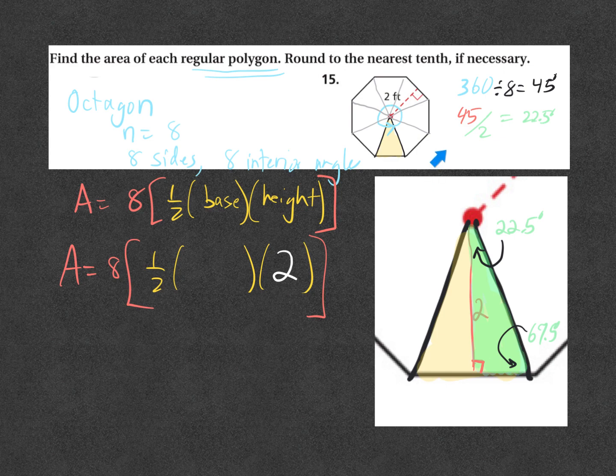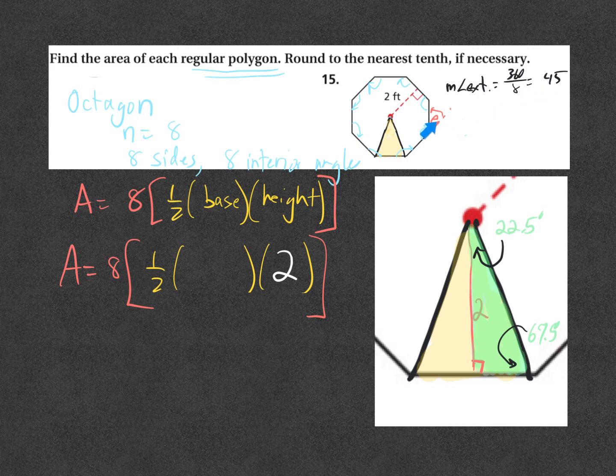Now, if you prefer, there's another way of finding these angles of our right triangle. And we talked about that in our first video for this assignment. And that was to find the measure of each interior angle of the regular polygon. We could have found the measure of each exterior angle by doing 360 divided by the number of angles, which is 8.